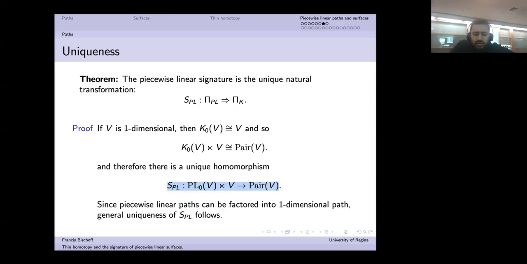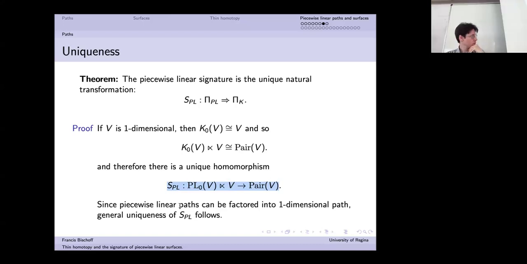So in particular, these functors pi, PL, and pi k have no non-trivial automorphisms. Because you're saying there's a unique natural transformation. I guess so. I'm not sure.